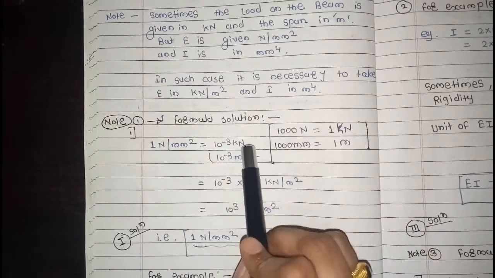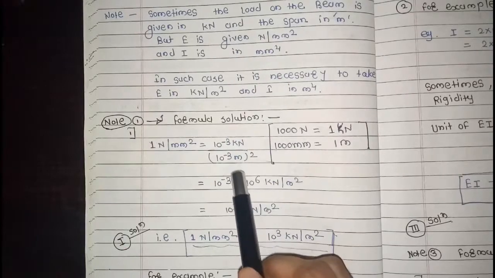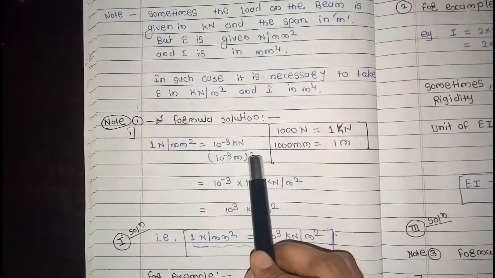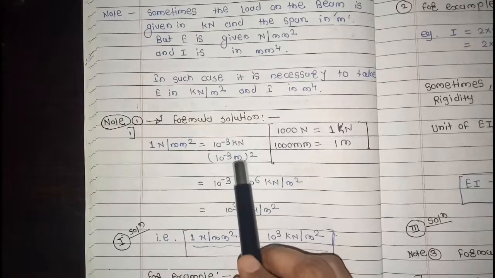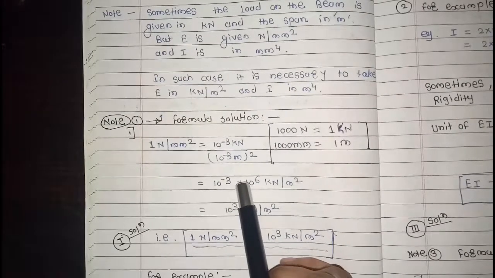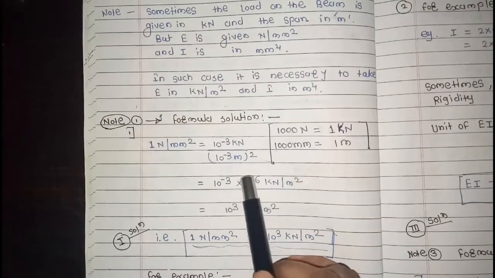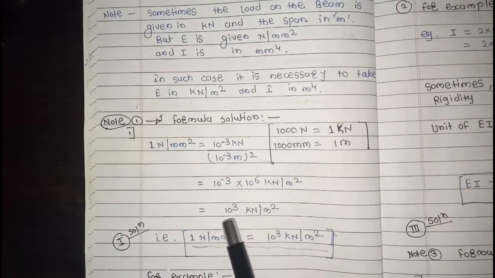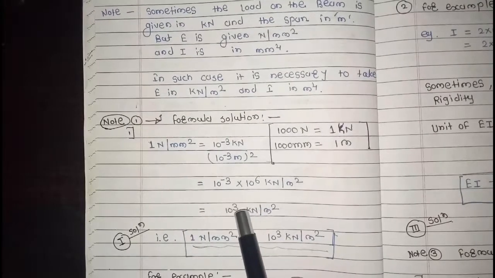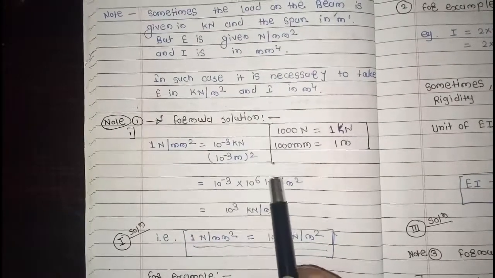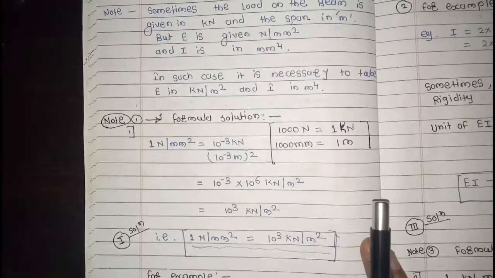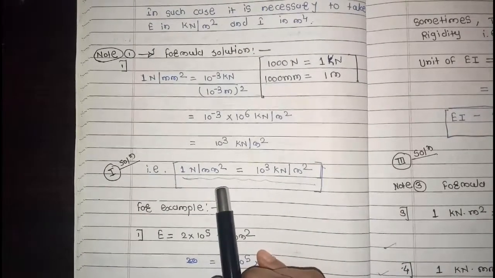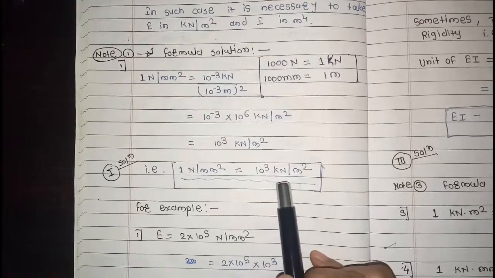So 10 to the power minus 3 as it is, multiplied by 10 to the power 6, since 3 into 2 is 6, kilonewton per meter square. Then 10 cube, 6 minus 3 is 3. So 10 cube kilonewton per meter square. So 1 Newton per mm square is equal to 10 to the power 3 kilonewton per meter square.